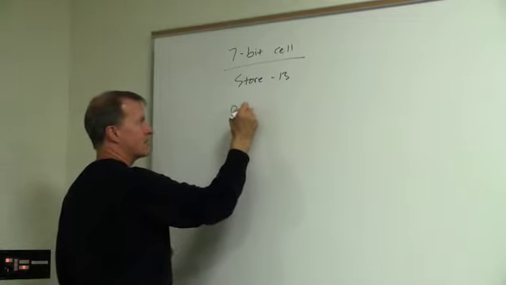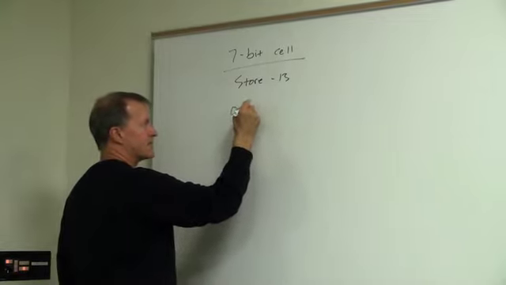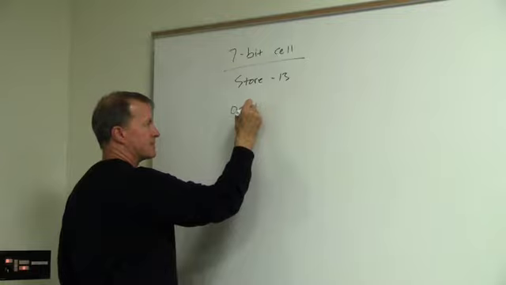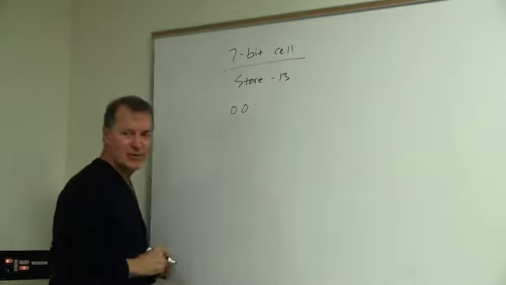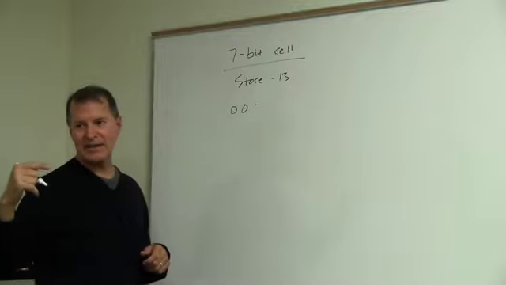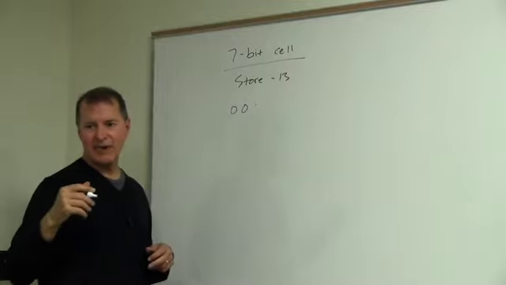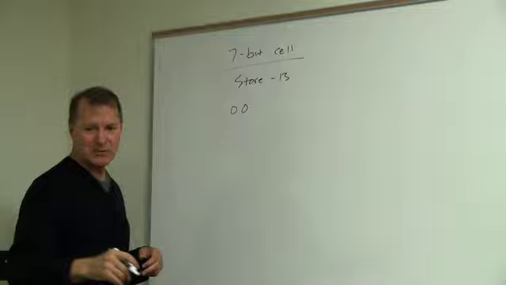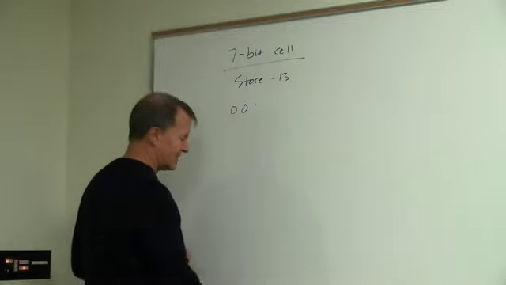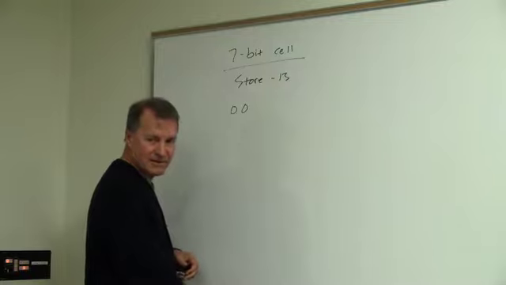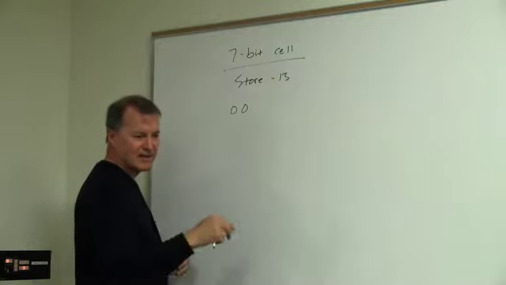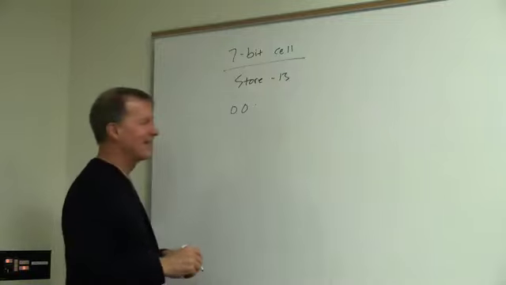Well, what's 13? What was that little rule that we had? Divide by 2. Can you do that real quick and tell me what it is? Right to left, it's 1, 0, 1, 1, 0, 0, 0, 0.